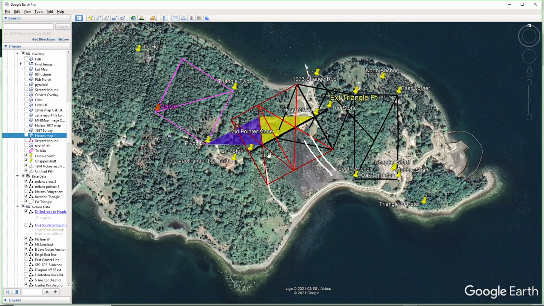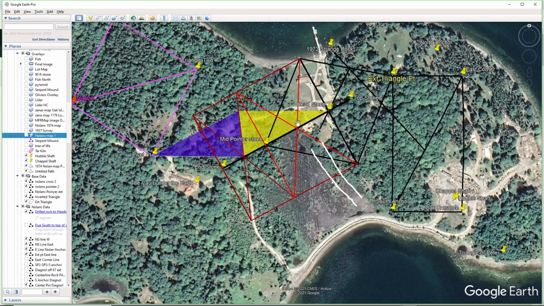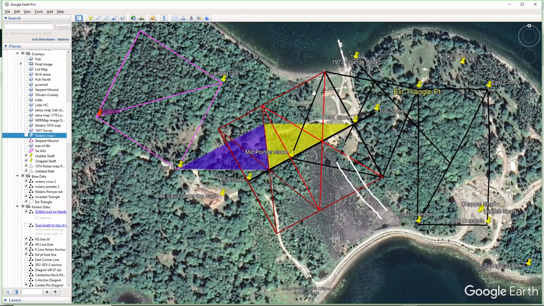My first interpretation was that the distance from here to here was rise and run of this triangle, but now I'm seeing that all measurements within this theory are derived from Nolan's cross.